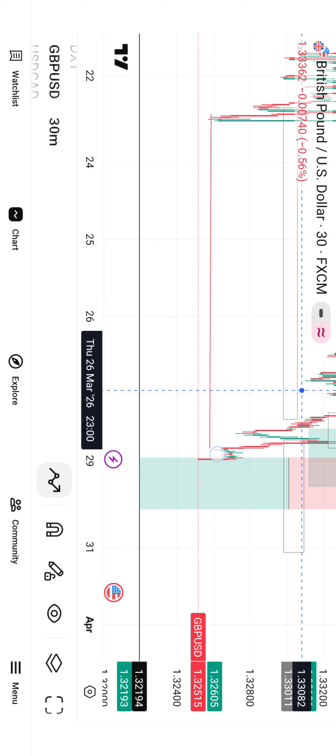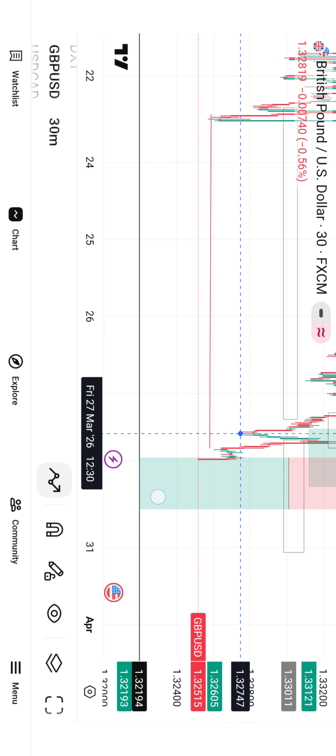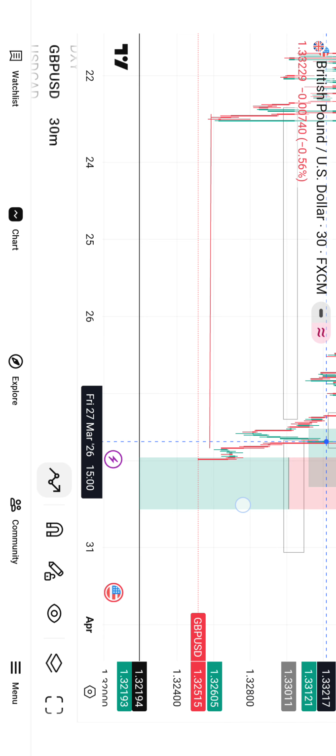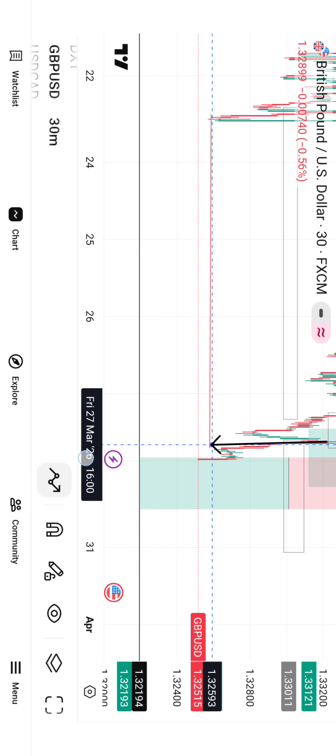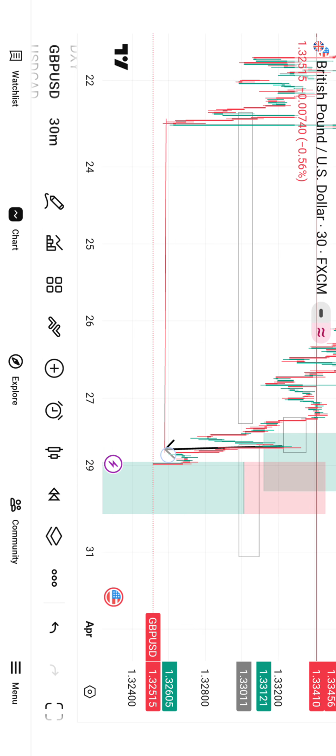I want to see price pulling down more, as price has already broken this major low right here. Price has broken this major low.